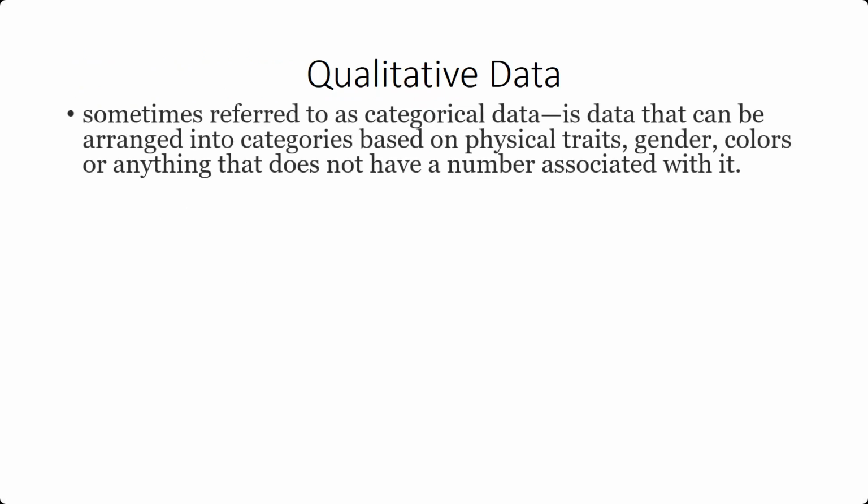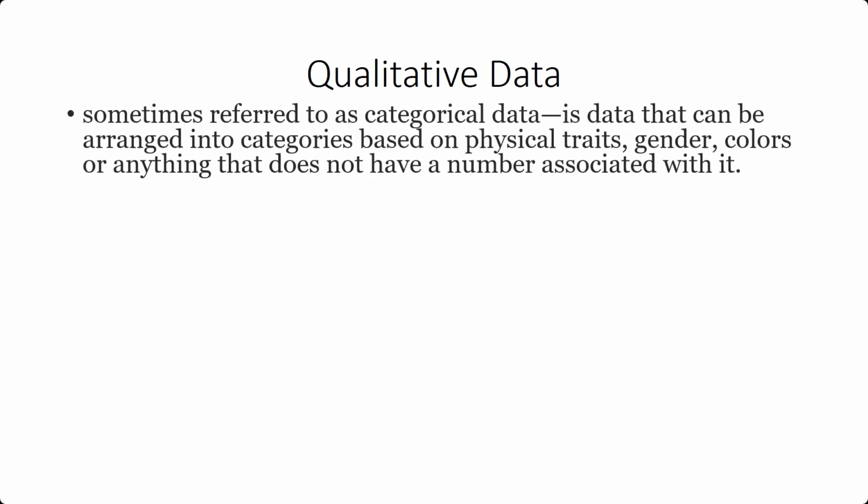There's two types of data, qualitative. Sometimes it's referred to as categorical. I always say qualitative. The data can be arranged into categories based on physical traits, gender, color, or anything that does not associate itself with a number.